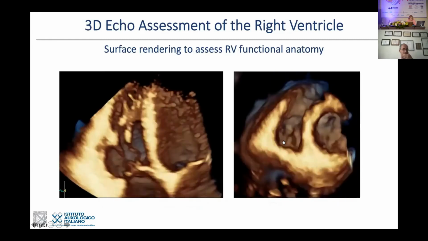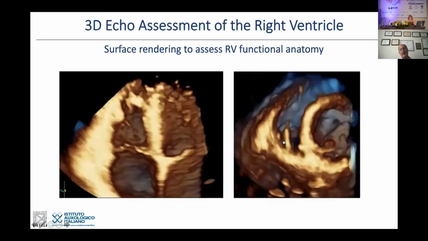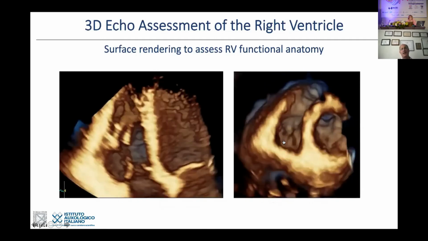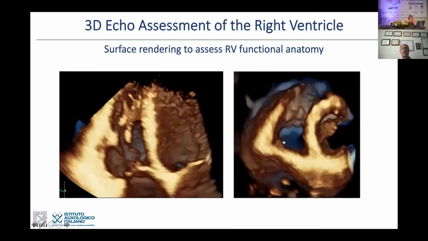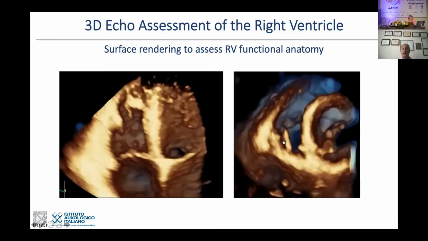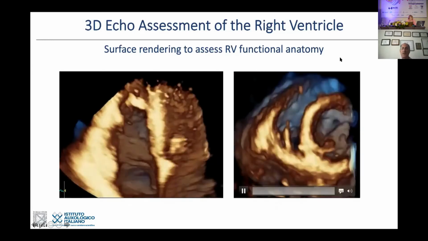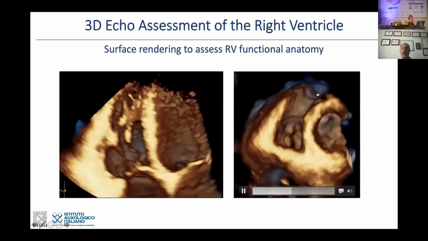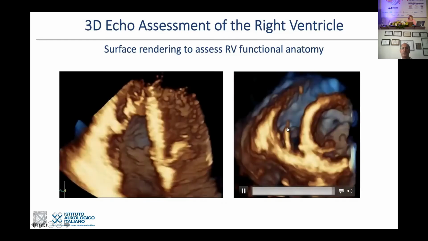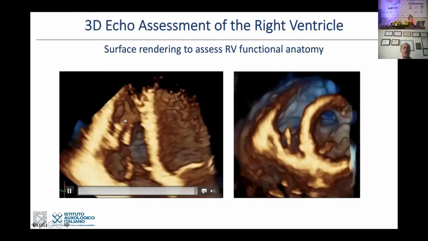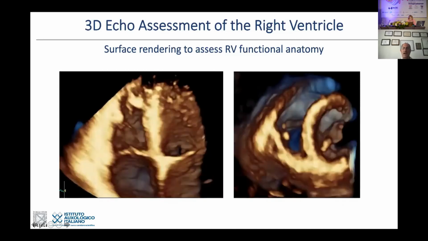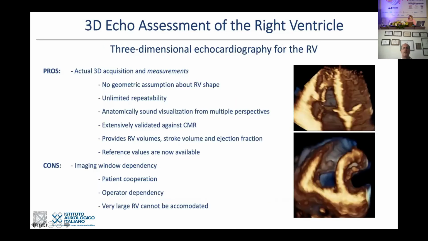And then we can cut the ventricle in different ways to look at the details of its anatomy. Here we can follow the right ventricular outflow tract in relation with the tricuspid valve, or here we see very nicely the apical trabeculated part.